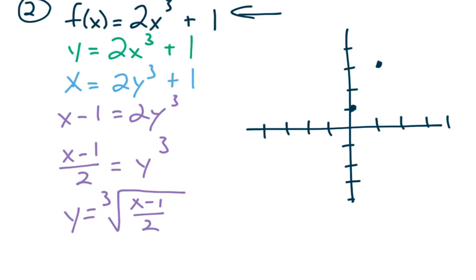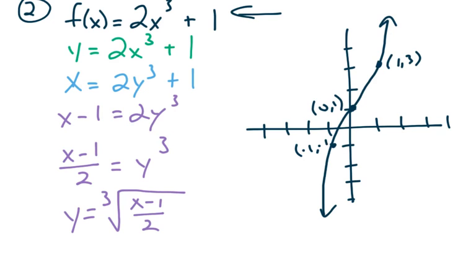If I plug in -1, my y value is -1. So my function, the general shape, looks something like this. This was the point 1, 3. This was 0, 1. And this point over here was -1, -1.